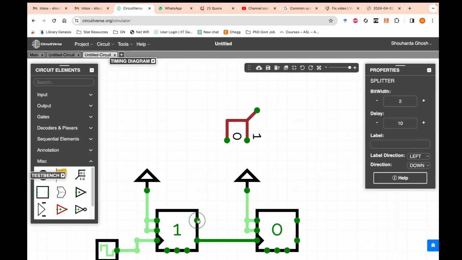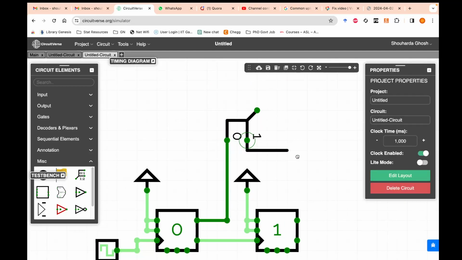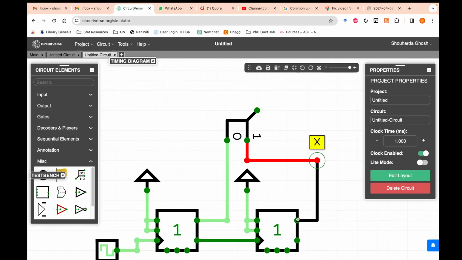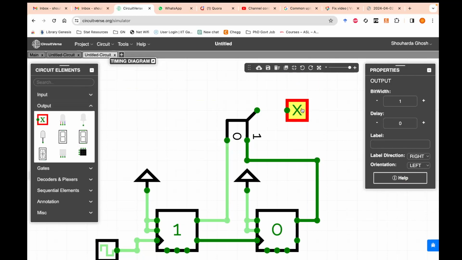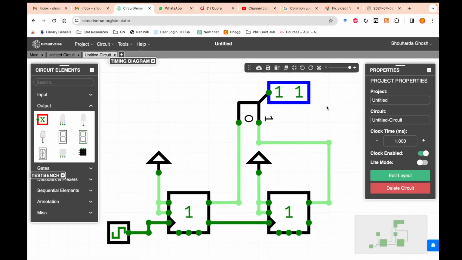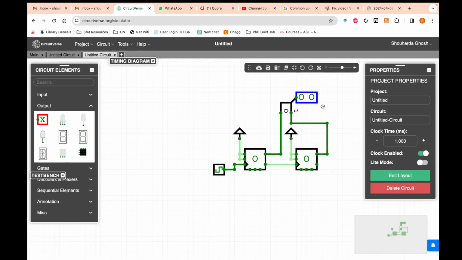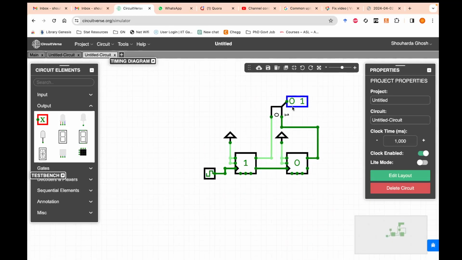So I connect 0 over here, I connect 1 over here, and then I choose to select this output with a bit width of 2. So you see, I can see the bit width over here. As you can see, it starts from 00, 01, 10, 11. So you see the count is in the upward direction. I go from 0 to 1 till 2 till 3. That means it's in increasing order. That's why it's called an up counter.